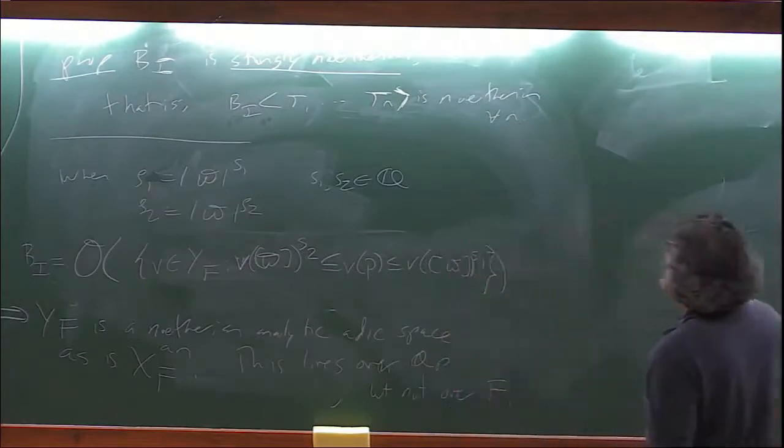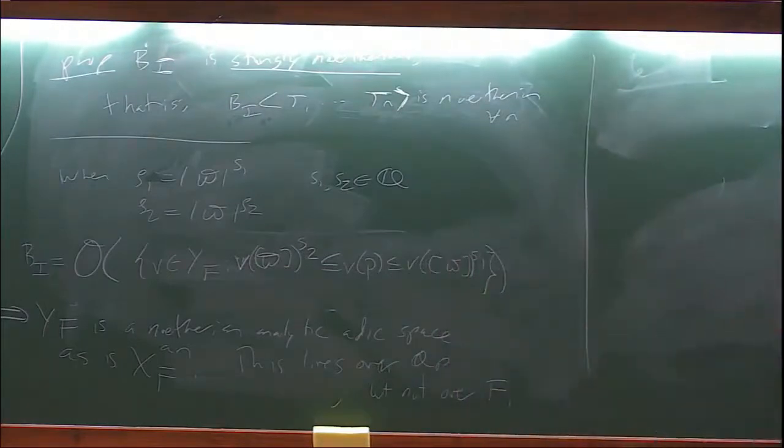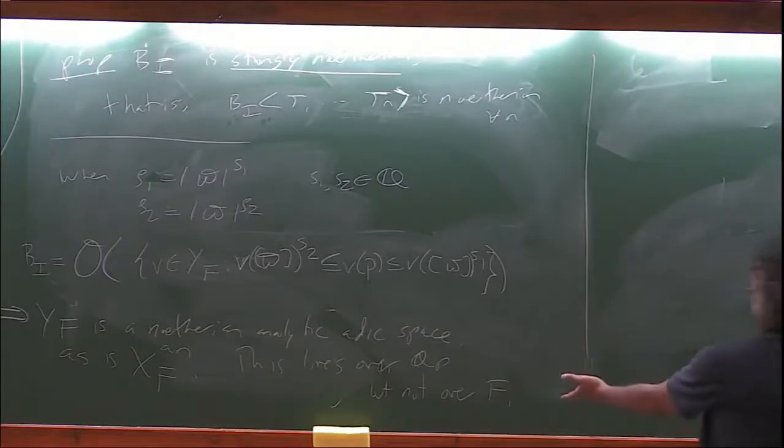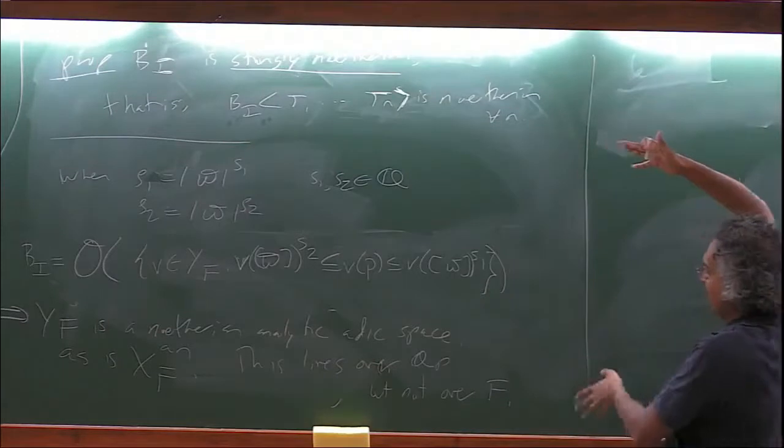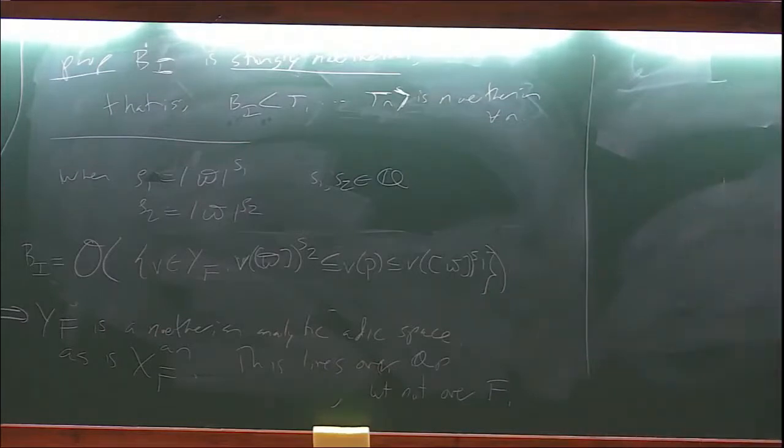But nonetheless, this somehow sits over F. I'm planning to say something in the next lecture briefly about relative Fargues-Fontaine curves, where instead of a perfectoid field, you take a perfectoid ring as the base, and this is going to be an even more strange situation. And here, because this thing sits over it, it's not hard to imagine this space mapping to a point in some topological way. We're not really going to use that structure right now, but it will make a difference in the relative situation.